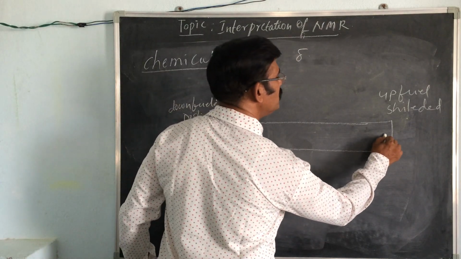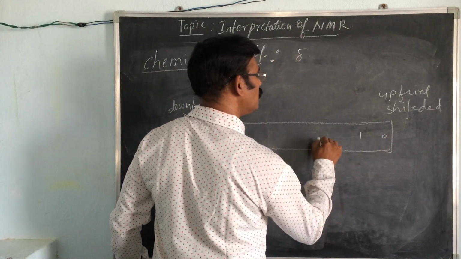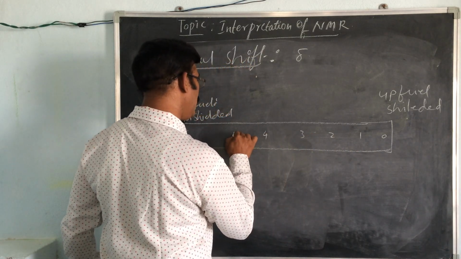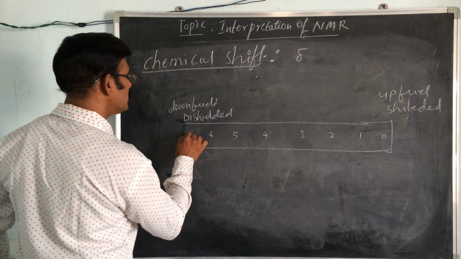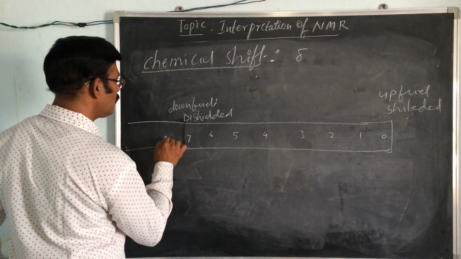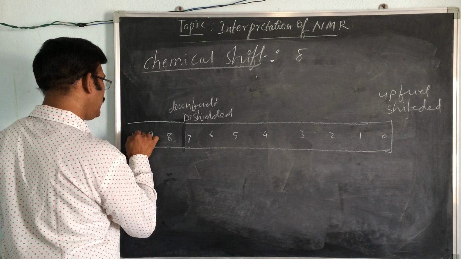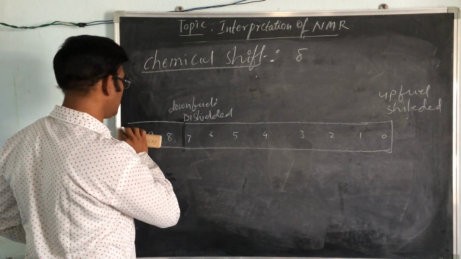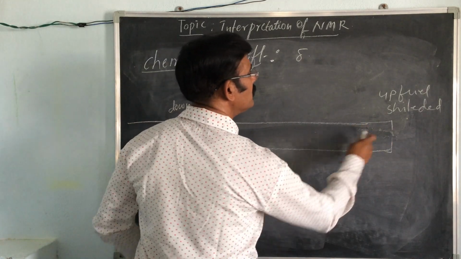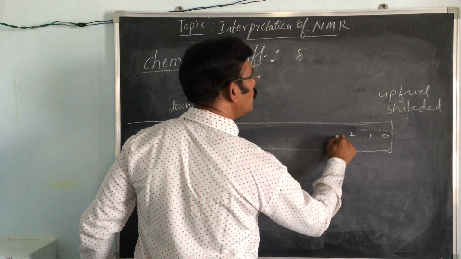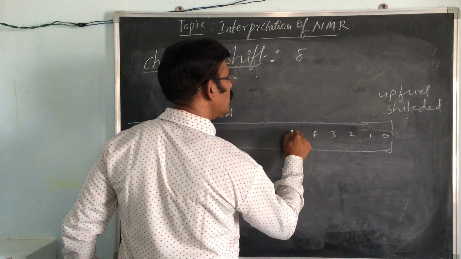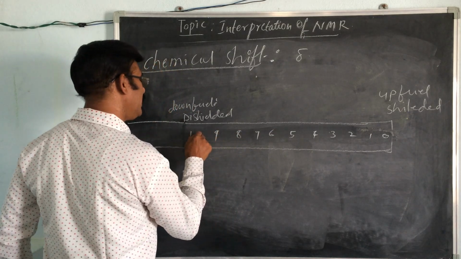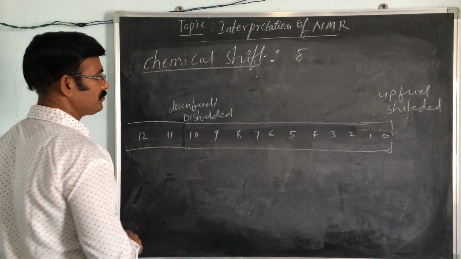So here 0, 1, 2, 3, 4, 5, 6, 7, 8, 9, 10, 11. Okay, we'll do it again, little bit. 0, 1, 2, 3, 4, 5, 6, 7, 8, 9, 10, 11, 12.